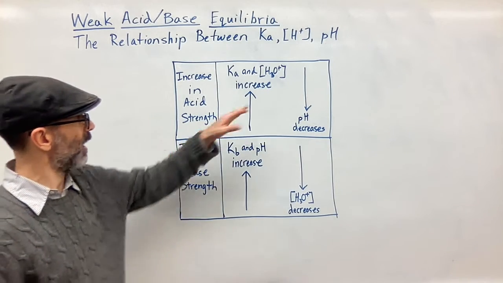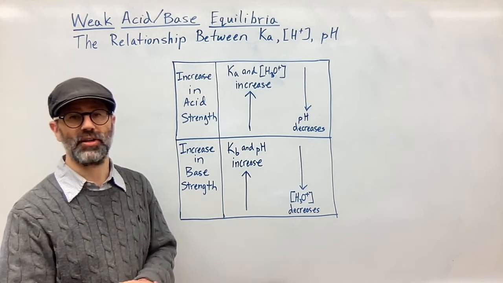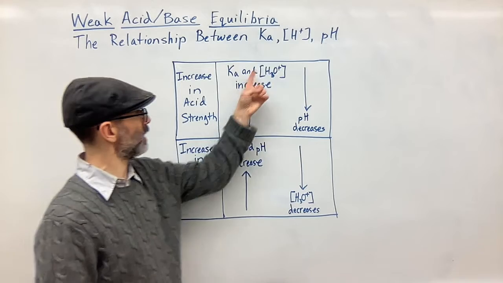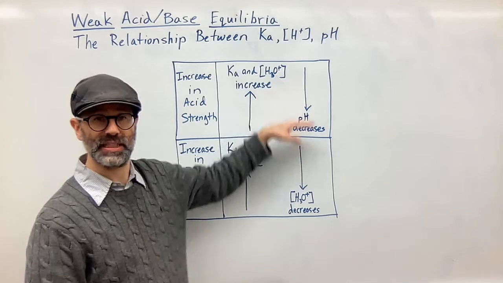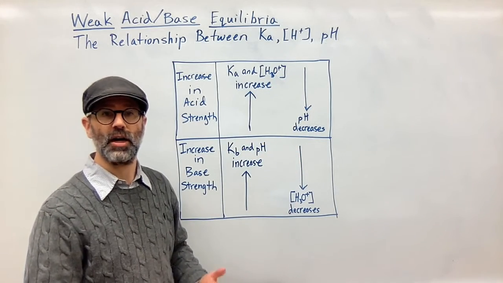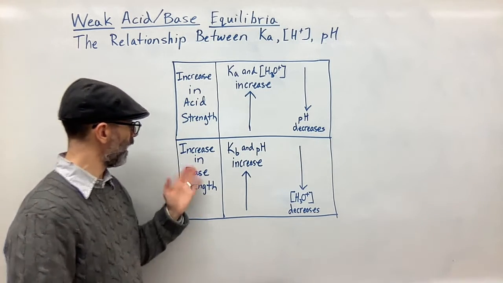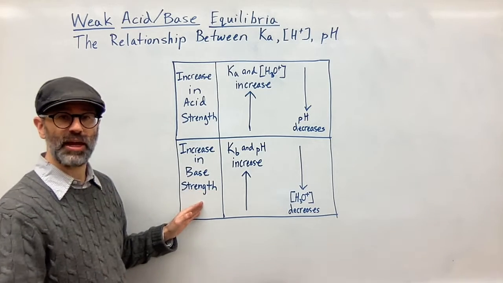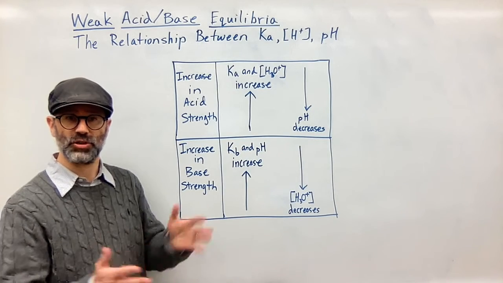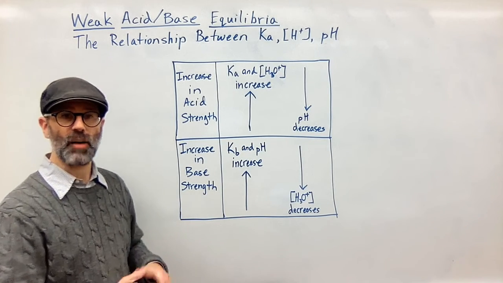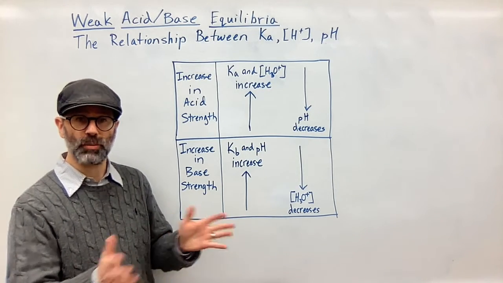That also means that your H plus concentration is going to be larger too, because more of it is ionizing. And since you're increasing the H plus concentration, that means your pH is going to decrease because it's the negative log of the H plus concentration. What about base strength? As you increase the strength of the base, same thing applies. Your Kb, which is the equilibrium constant for the dissociation of a base in water, the stronger the base, the more it's going to dissociate, forming those ions.